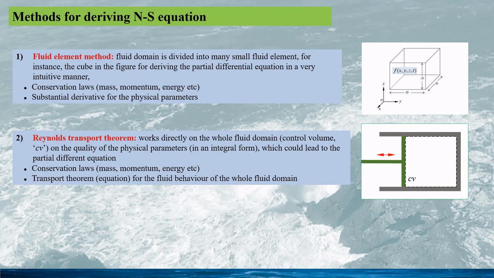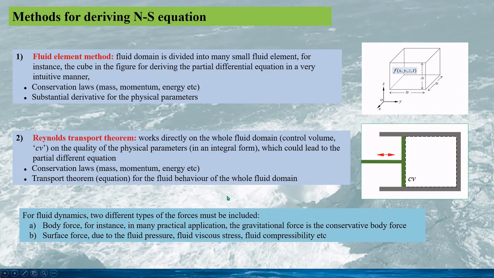Thus, the volume integral form of the physical parameter f, that is, the quantity of this physical parameter, would be a function of time only. As such, the substantial derivative can be avoided. Using the conservation laws and the Reynolds transport theorem, the Navier-Stokes equation can be easily derived. Well, the understanding of the Reynolds transport theorem would be very important.